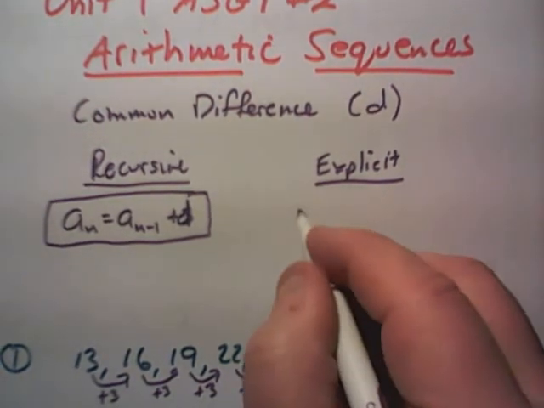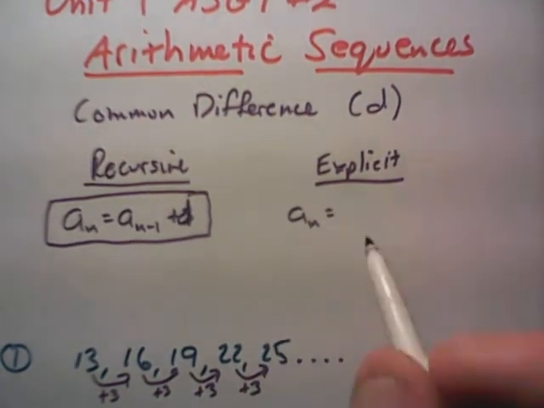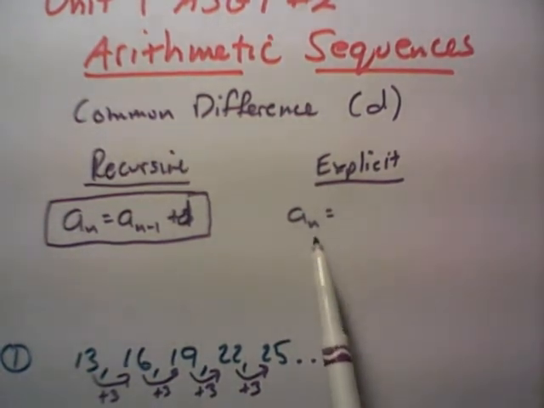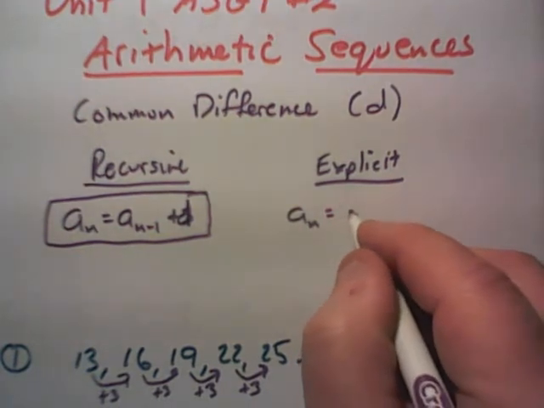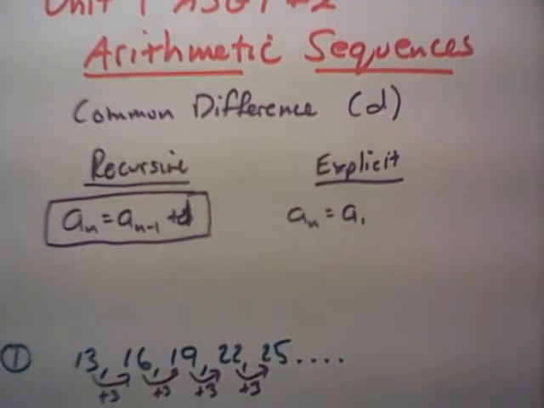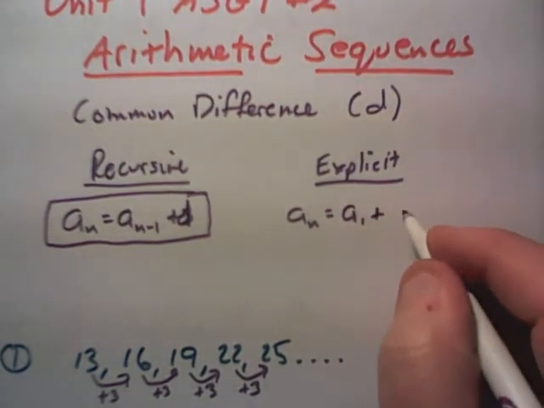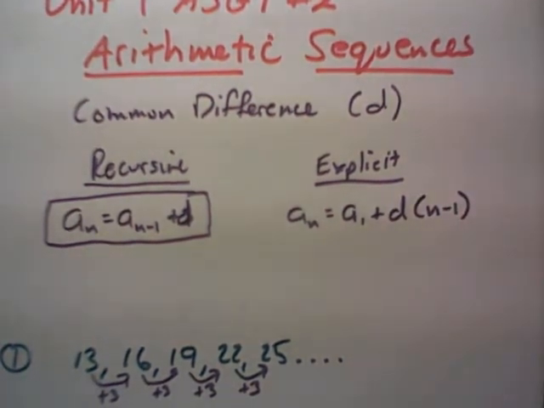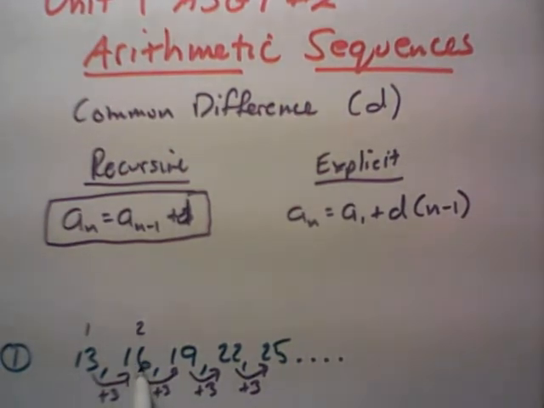An explicit formula, in general, will look something like this. To find a sub n, again, the nth term, we are always going to start off with the first term, 13, and we're going to add the common difference n minus 1 number of times. So for example, in this particular example, the first term is 13. The second term is 16, but we started with 13 and we added 3 once.